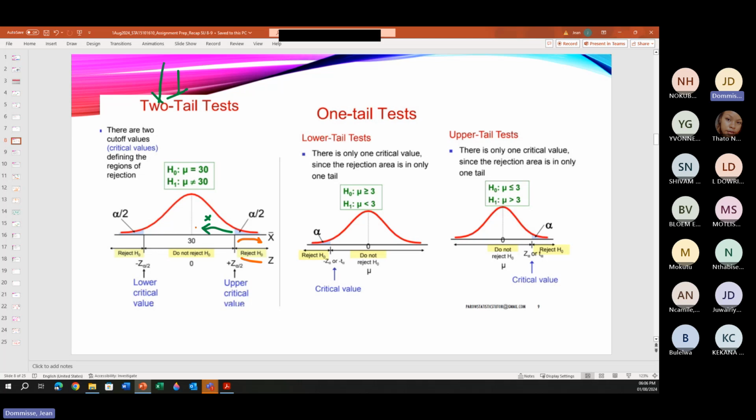If it falls within, you do not reject the null hypothesis. Okay, and you can see the same when it is one-tail test, so that you can also have that at hand.